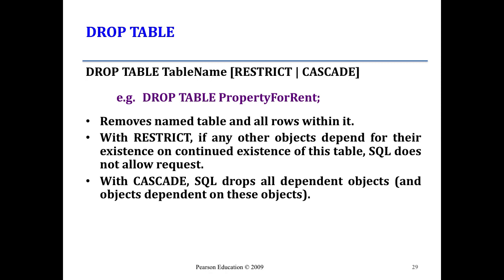Cascade says kill them all. It means cascade to basically delete all dependents as well as this table. So any table that had a foreign key that referenced this table would also go away. That's what cascade does. Okay, so that takes care of the basic stuff for the DDL.